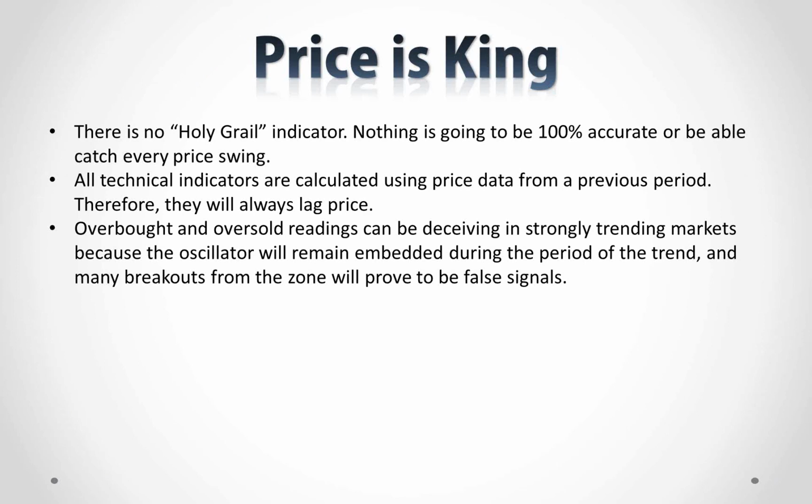These oversold and overbought readings can remain that way for long periods of time, much longer than you can remain solvent if you were trying to counter-trend trade using those readings as signals. So please be aware of that.